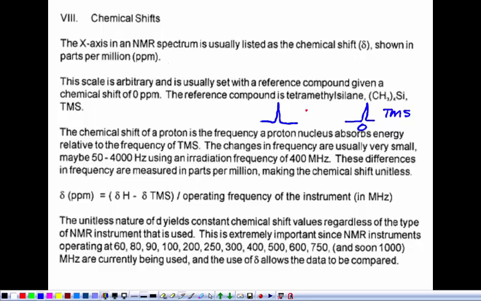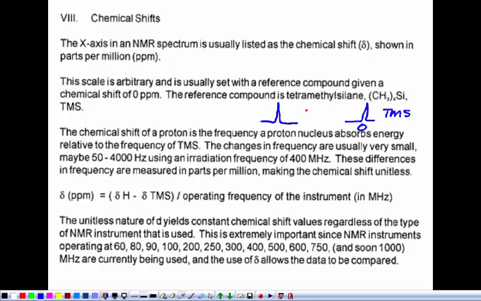reference. We choose TMS for a couple reasons as a reference. Number one, since it's shielded, most of the peaks in a normal organic molecule are going to be to the left of that. So it occurs really at the one end. And then that gives us positive chemical shifts. So we don't have to worry about saying, well, this peak shows up at -4 or -5.